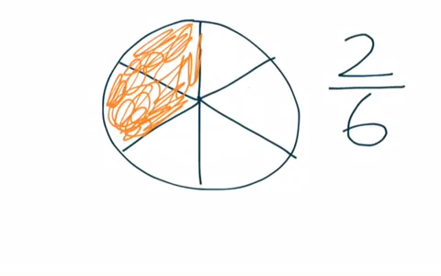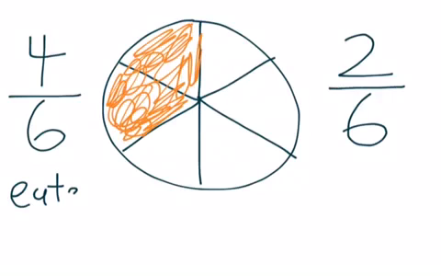Well, there's 1, 2, 3, 4 pieces that have already been eaten. So that's our numerator. And how many pieces were there in total? 1, 2, 3, 4, 5, 6. So 4/6 of the pizza has already been eaten. So this is eaten, and this is left.